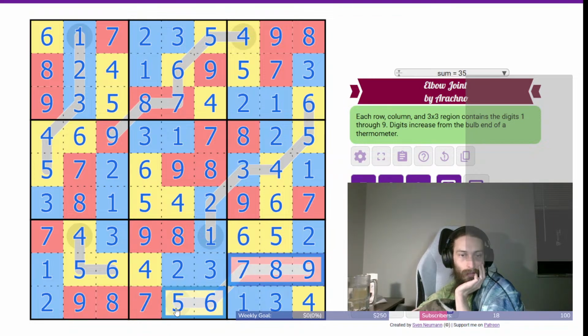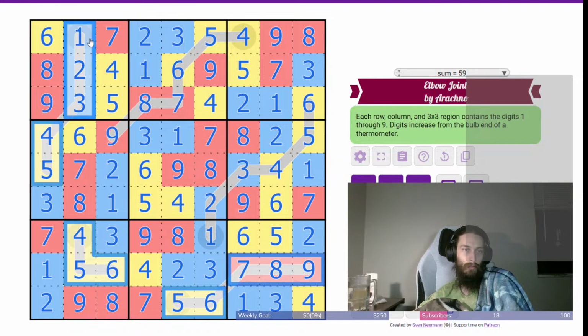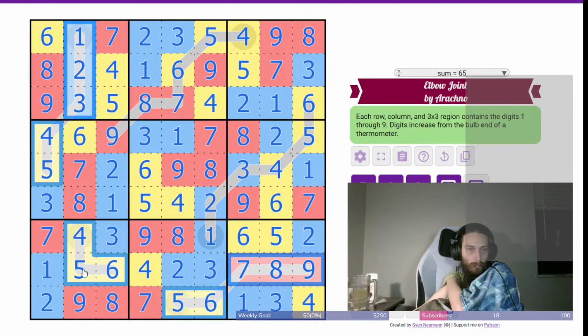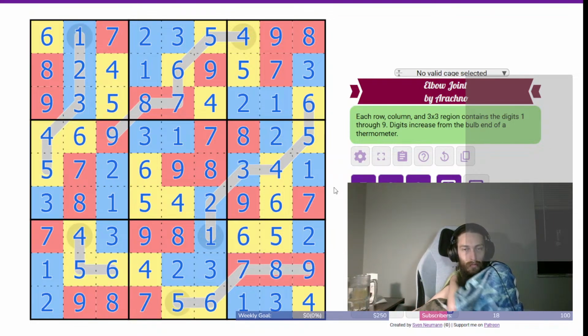It's really interesting to see how this influenced how these thermos worked together to place a 5 here. Yeah. I'm not sure how finicky the rest of the puzzle actually was, and how much of it was just being slow to see how some of the interactions ended up playing out.